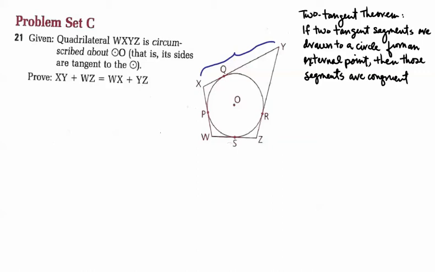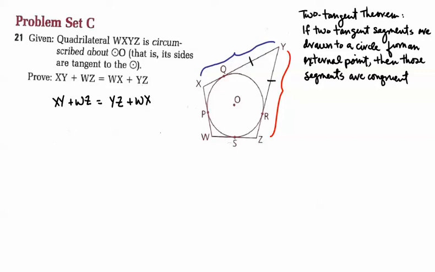Sorry, these are in backwards order here. So the first thing that I probably want to do is to rewrite them. I want to show that XY is equal to YZ. Now, YZ is also constructed of two line segments, ZR and RY. Now, using this two-tangent theorem, we can easily see that YQ is going to be congruent to YR.